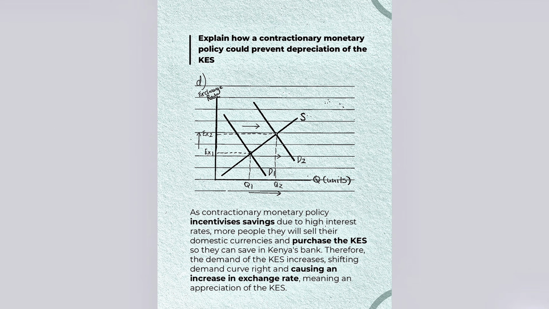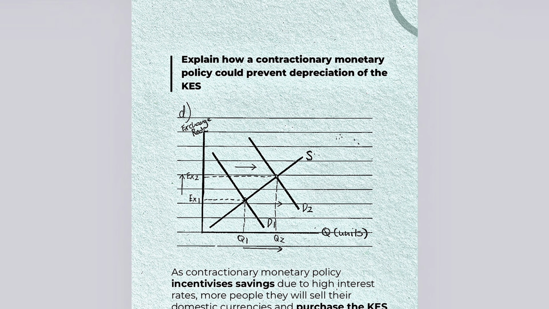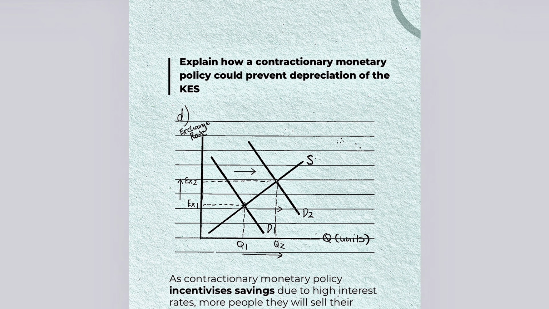Lastly, explain how a contractionary monetary policy could prevent depreciation of the KES. You can see this is a pretty generic diagram, but still, 2 marks are awarded. You can see that on the y-axis is a generic exchange rate, and on the x-axis it is a generic Q in units. This kind of labeling is sufficient for these types of questions.